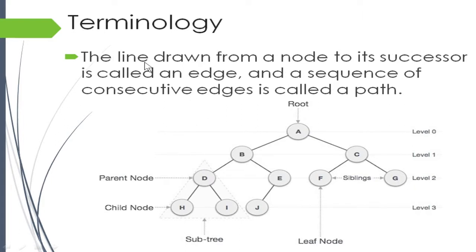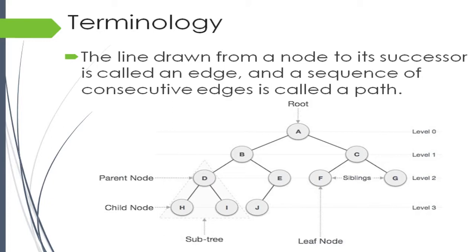The line drawn from a node to its successor is called an edge. From A to B you have a line, and this line is called an edge. B to D has a line, which is called an edge. Each pair of connected nodes has a line drawn between them, and that line is called an edge.